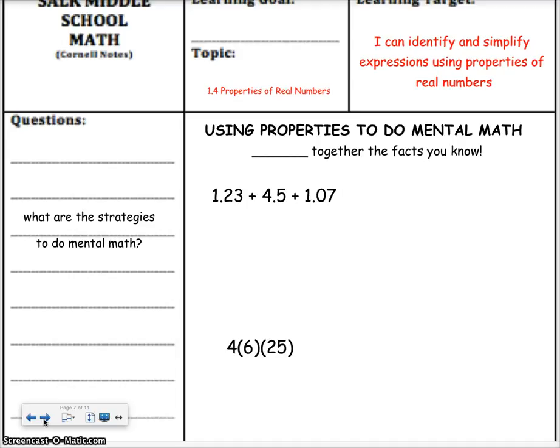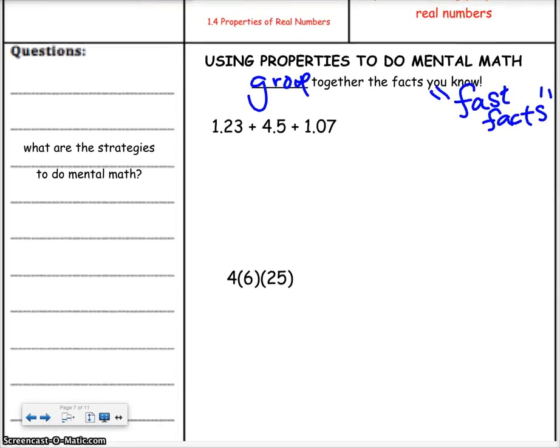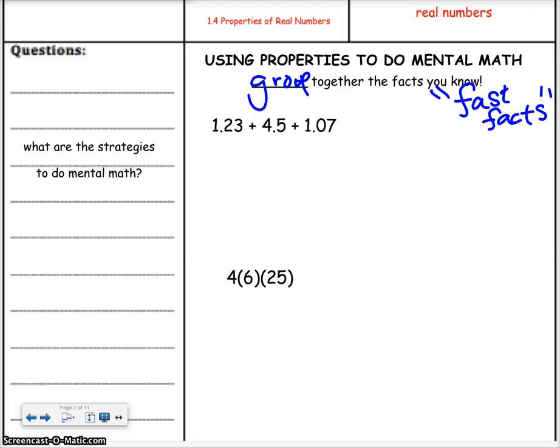Using properties to do mental math. Mental math is, I don't know, group together fast facts. It's all fast facts. What can you add together fast or multiply together fast? I'm not going to do the first one first. I'm going to jump to that middle one. 4 times 6 times 25.